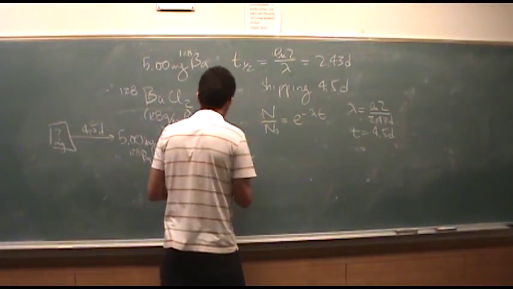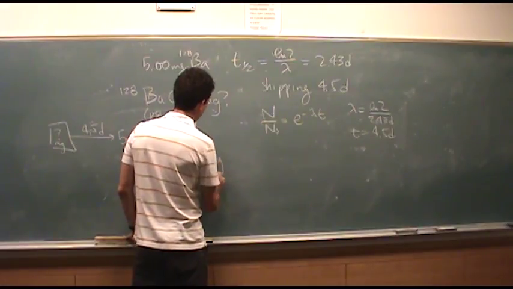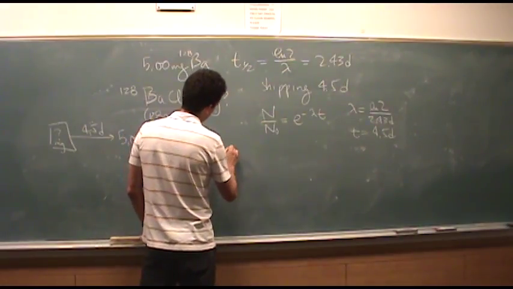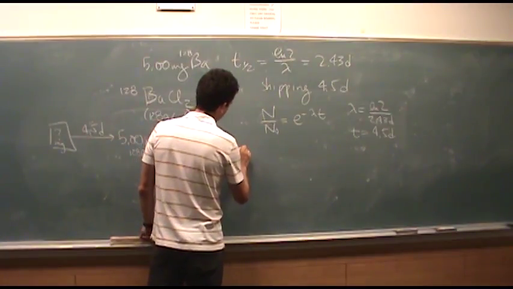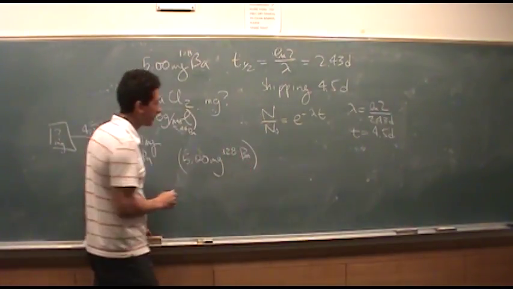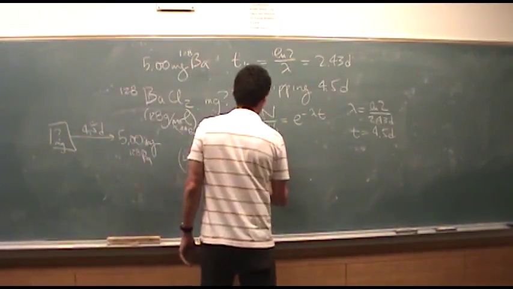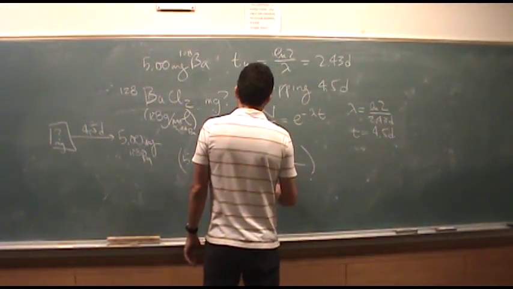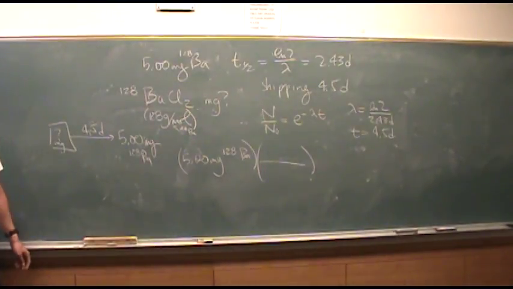So maybe I'll start like this. 5 milligrams of barium-128. So that's what I want. Let's find out how much barium chloride that is. Okay, what's the first thing I do if I want to find out how many milligrams of barium chloride it is?